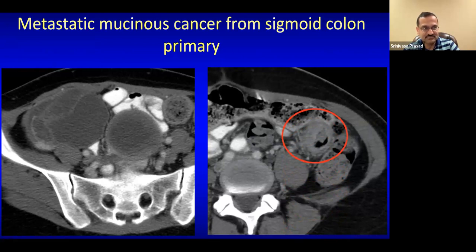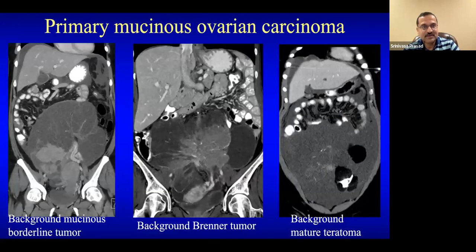They comprise maybe less than 5% of all ovarian cancers. Primary mucinous ovarian cancers can have various precursor lesions, including mucinous borderline tumor, as in this case, or they commonly also develop in the context of background Brenner tumor or a mature teratoma.